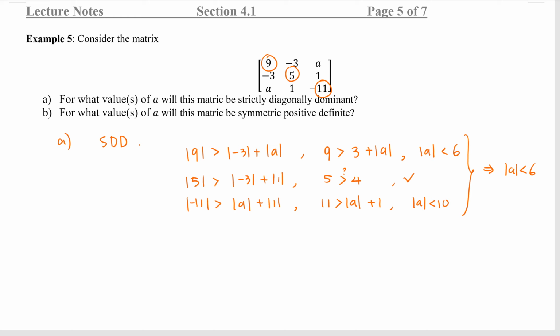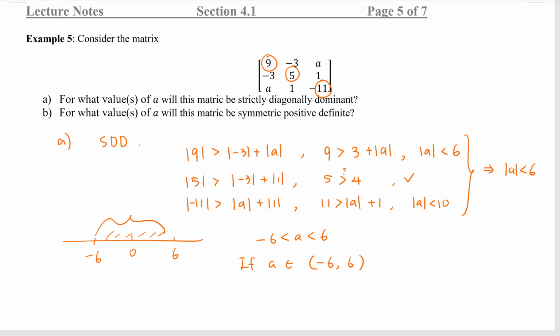So this is the same as: 0 is here, 6 is here, minus 6 is here. The absolute value of A is the distance between A and the origin 0, and it is less than 6. Which means this region, right? The distance from 0 is less than 6. Then we get minus 6 less than A less than 6. So A is in the interval (minus 6, 6).